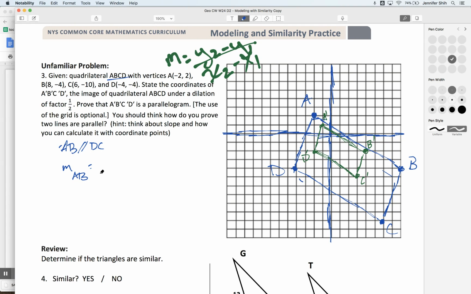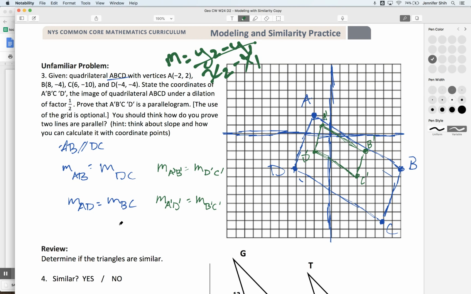You have to find the slope and check if it's equal to the slope of D and C. Then you take the slope of A and D and see if it's equal to the slope of B and C. And then with the small quadrilateral, you see if the slope of A prime B prime is equal to the slope of D prime C prime, and the slope of A prime D prime equals the slope of B prime C prime.